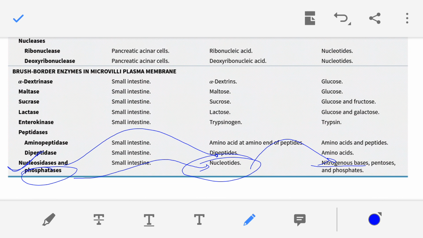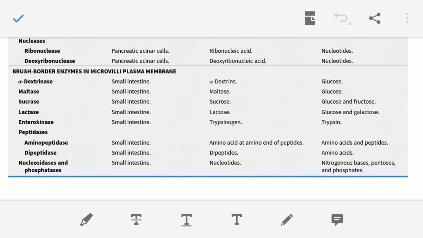You know the names of the nitrogen bases. Then the pentose, either deoxyribose sugar or ribose sugar, and the phosphate. We know phosphate is phosphoric acid, that is H3PO4. Okay, so all these are produced.